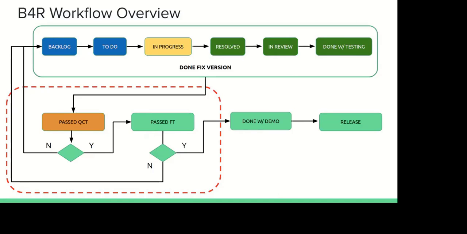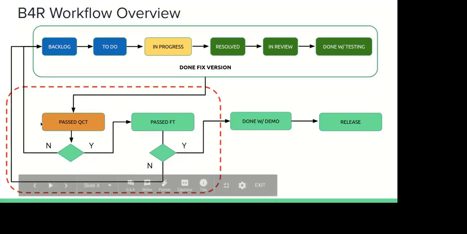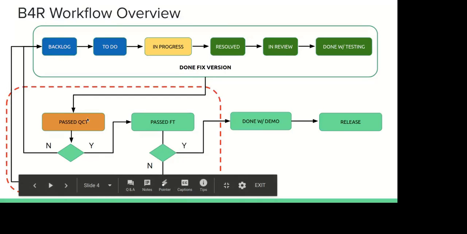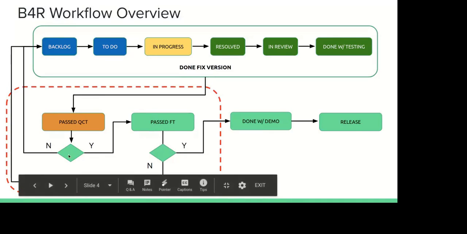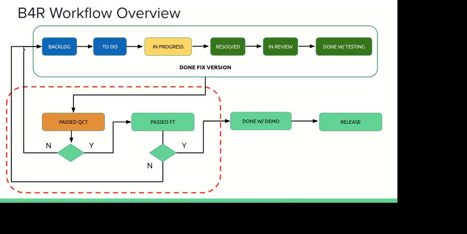Just as background, the quality control testing is focused mainly on the application testing and the integration testing of the different modules of the B4R system. If there are no issues on our side, it will pass to the functional testing. But if there are, then we will tag the developers or the development team involved in a specific tool to fix first the issues that we found.